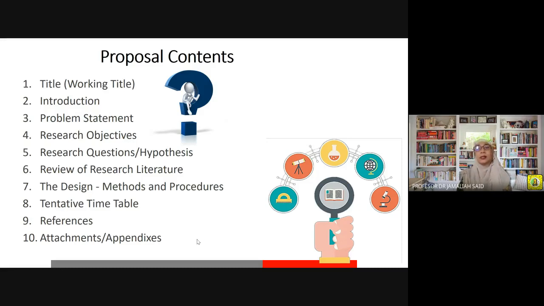In semester 3, you start to design the data collection method. In semester 4, maybe you are going to do the data collection. Semester 5 is data analysis. And in semester 6, you have to finalize the whole chapter. Okay.